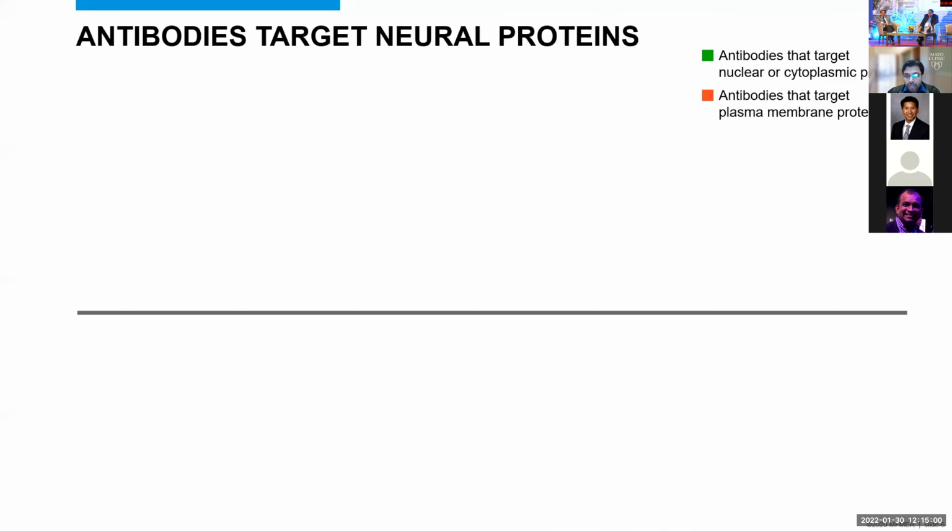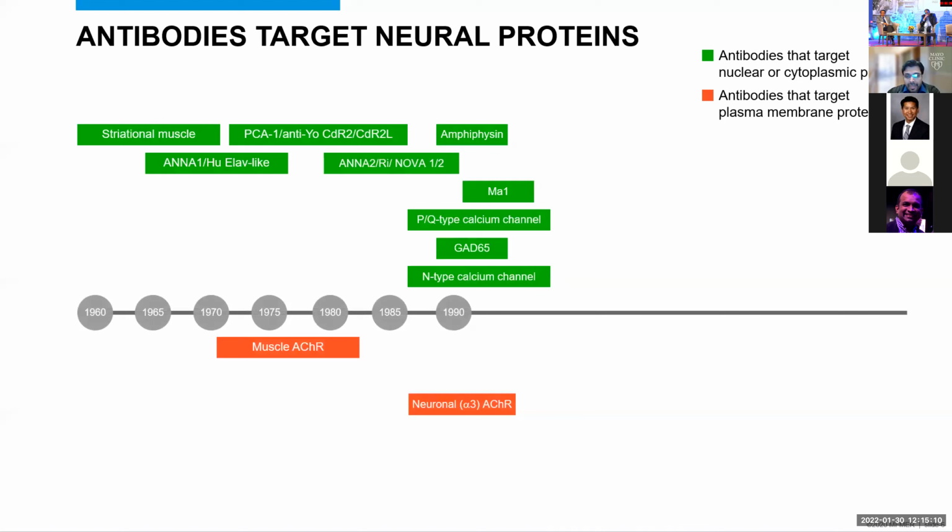Moving on, we'll talk about some of these antibodies which have played a crucial role in improving our understanding as well as recognition of these conditions. Up till the mid-1990s, the number of antibodies was limited. The ones in green are against antigens inside the cell, whereas the ones below are against antigens which are present on the plasma membrane or on the surface.